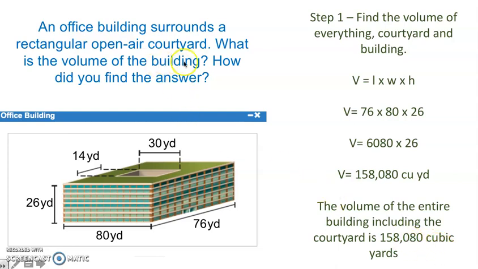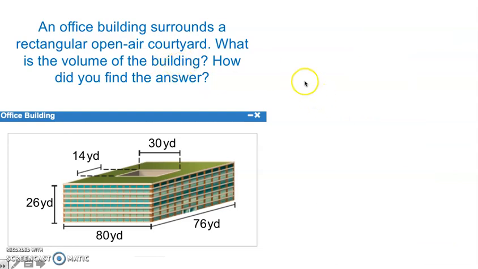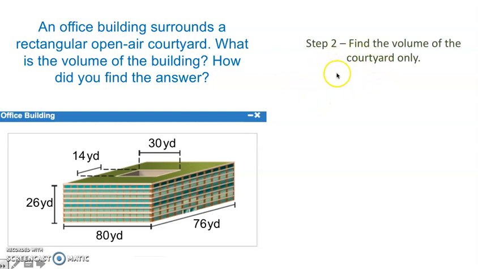Now, I know that's the volume of everything, but they only want the volume of the building. I think I'm going to take away the volume of the courtyard. I need to get rid of the courtyard, so I need to find that volume. How much space is in the courtyard by itself? Well, here is my length, 14. It's really shown right here clearly in my picture, in my diagram.